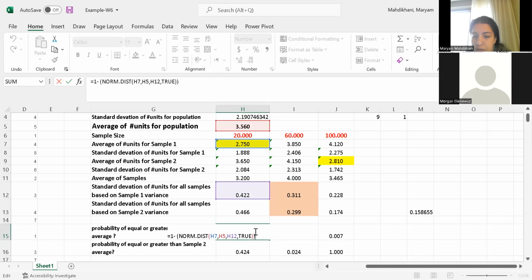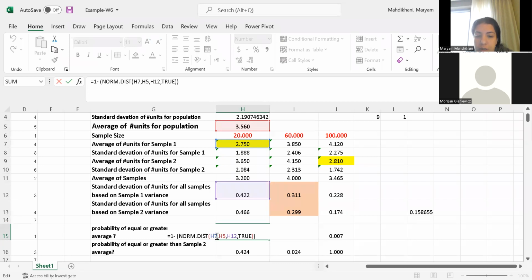Remember, we were calculating the normal distribution. You are calculating the cumulative part, but because we want the greater or equal, that means all the right tail of our normal distribution. So we need to write 1 minus, open the parentheses, normal distribution.